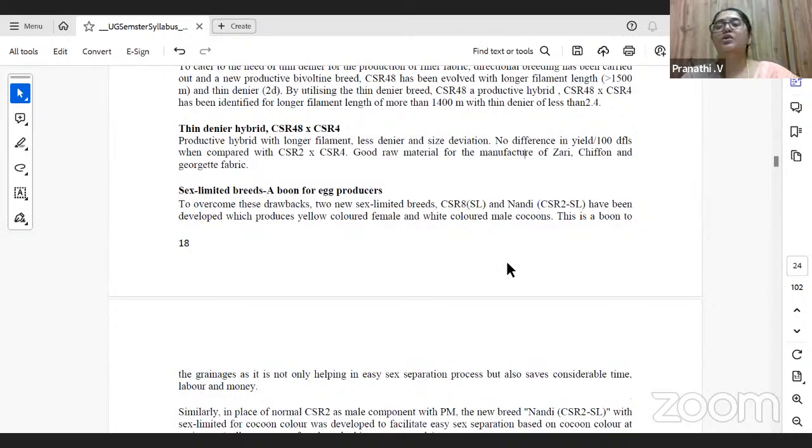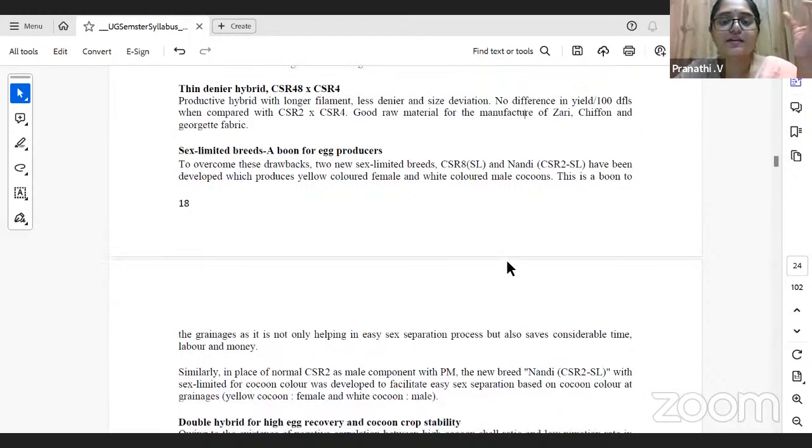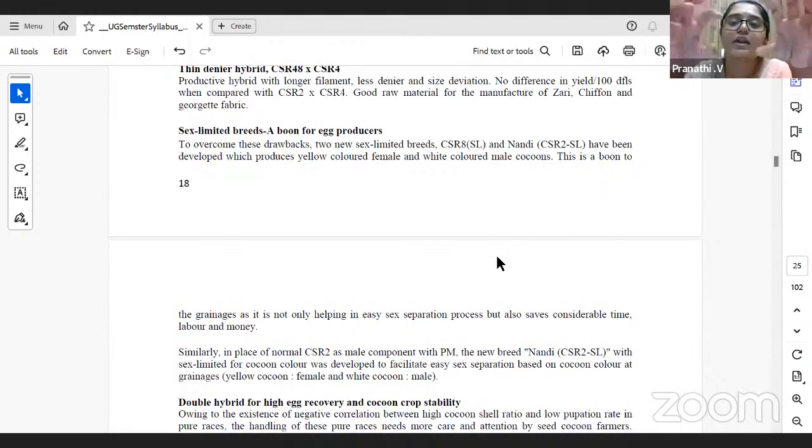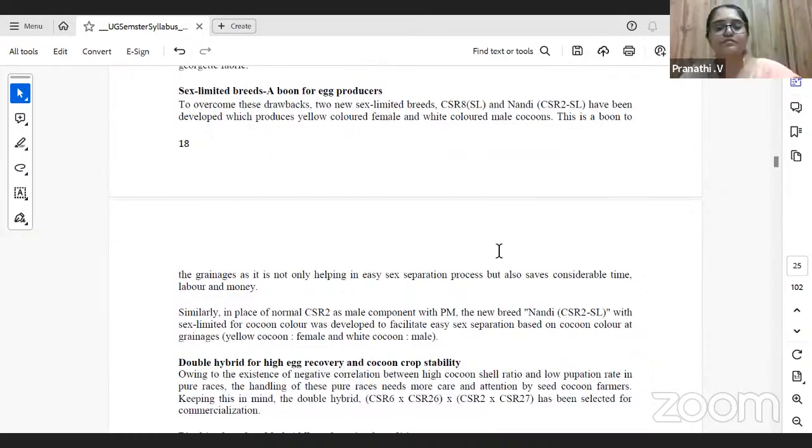What happens is you're going to get a yellow colored female cocoon and a white colored male cocoon. So it is easy to identify both the male and the female even before they hatch. This is extremely helpful for the graineurs, because you can easily separate the male and female cocoons, which saves a lot of time, labor and money, and you do not have to wait for the cocoons to be broken or to go into the pupal form for identification between males and females.